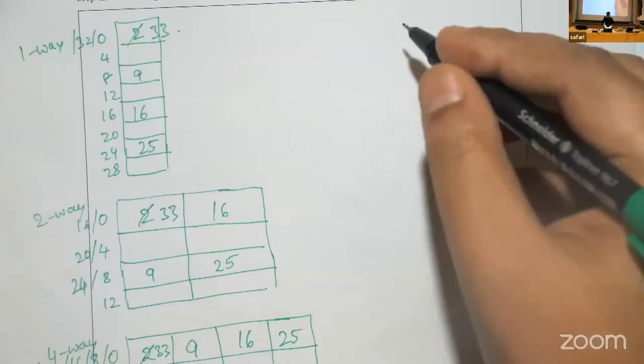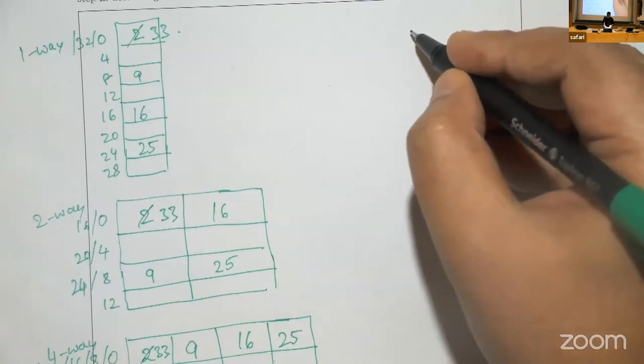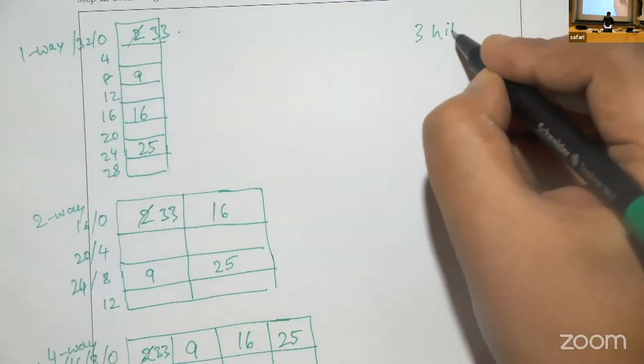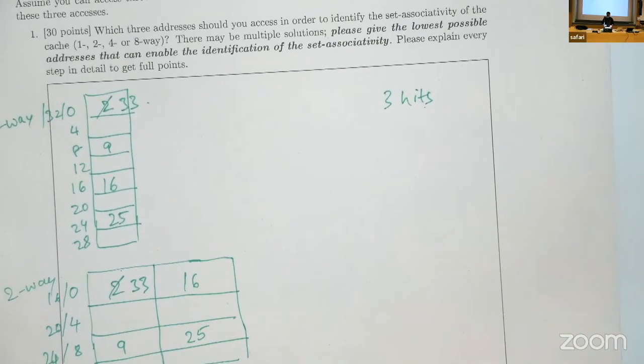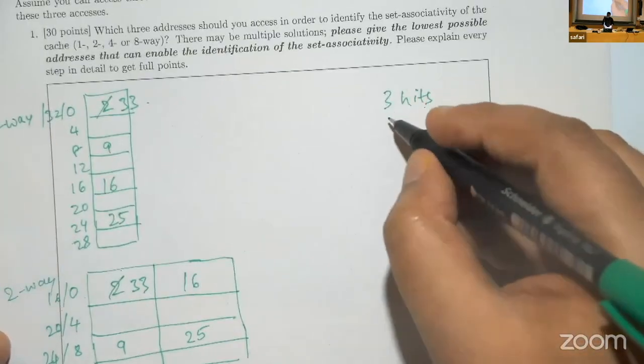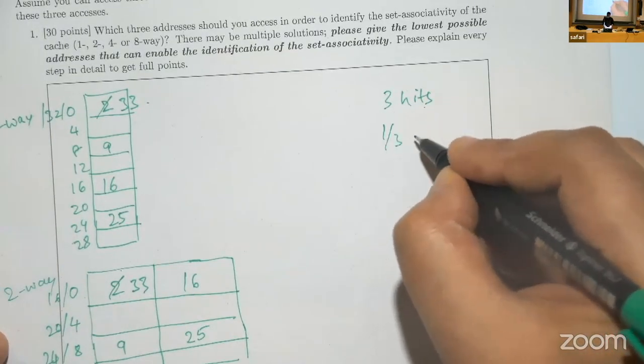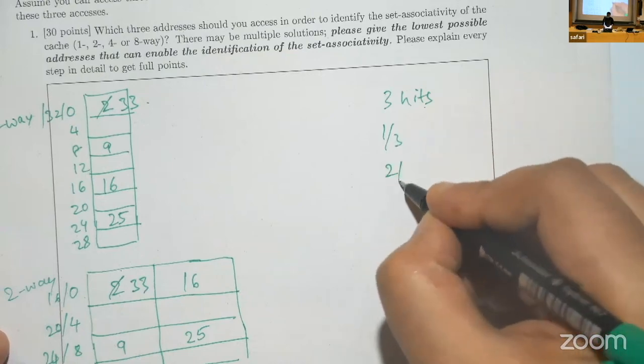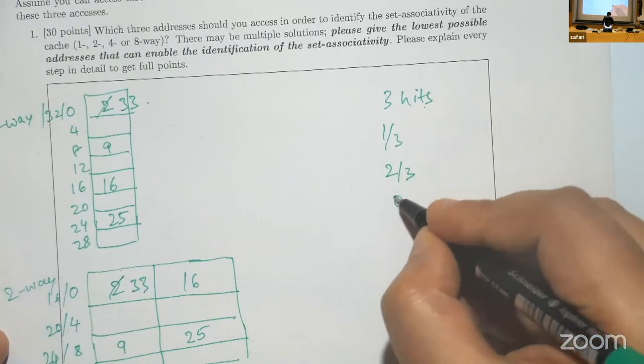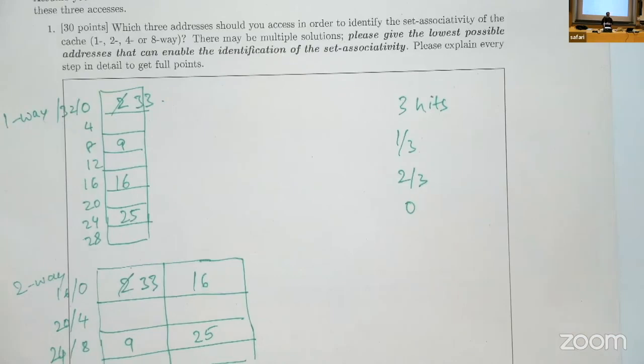You will have to find 3 addresses which can give 3 hits in one of the associativities, 1 out of 3 in another, 2 out of 3 in another, and 0. So you'll have to find the addresses which can provide you these hit rates.